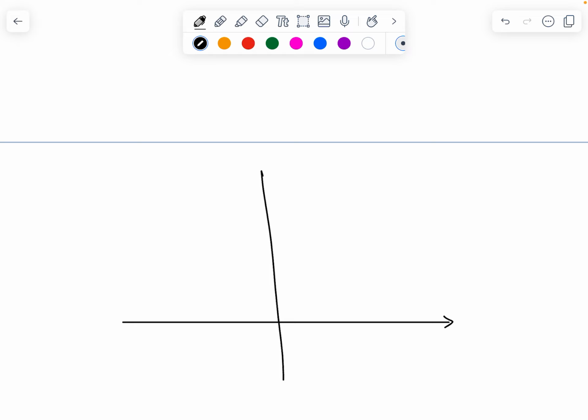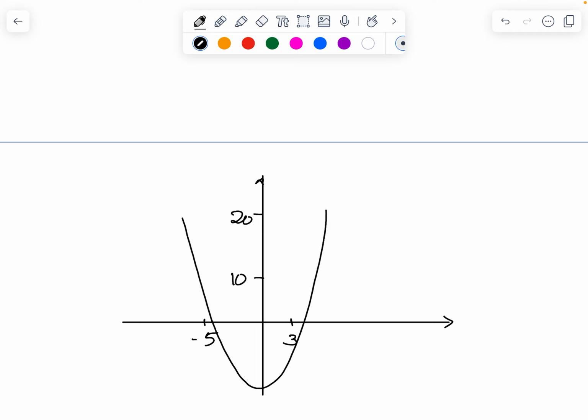Sketch the graph y equals f prime x. We have to sketch the graph y equals f prime x. I draw the x-axis and the y-axis with 20, 10 and negative 5 and 3. So I will be drawing a curve over here, a parabola.